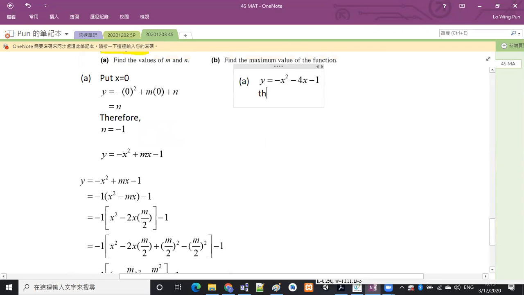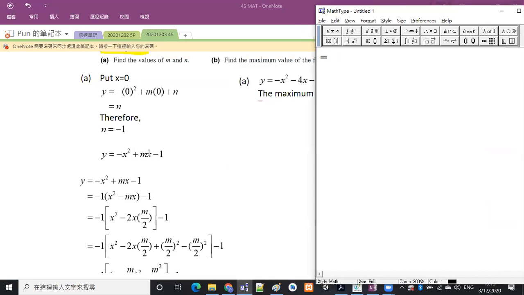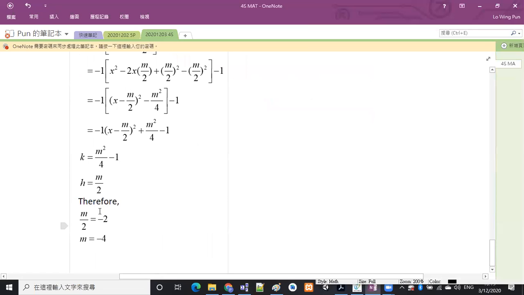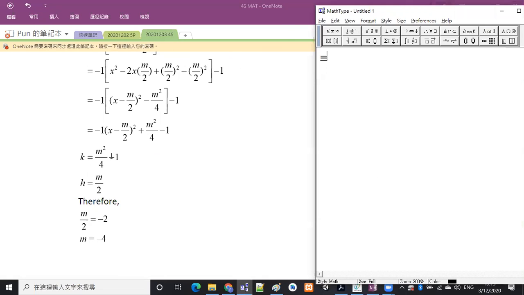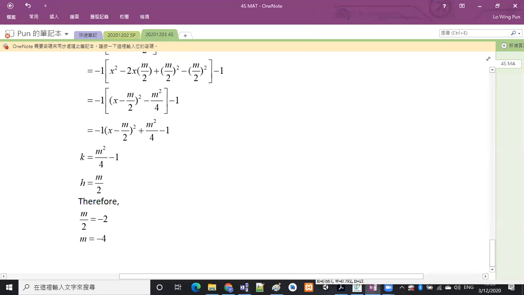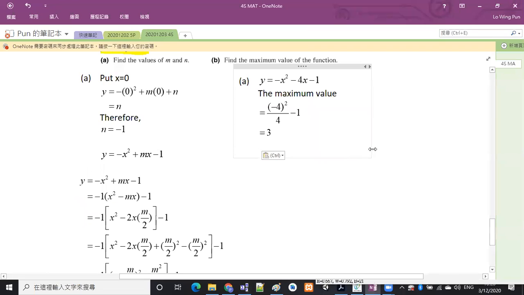Okay, so the maximum value is equal to putting m equals negative 4 back to the k value. So that will be negative 4 squared over 4 and minus 1. Okay, so that should be equal to 4 minus 1, that is 3. Is that okay? And that is the answer for part B.